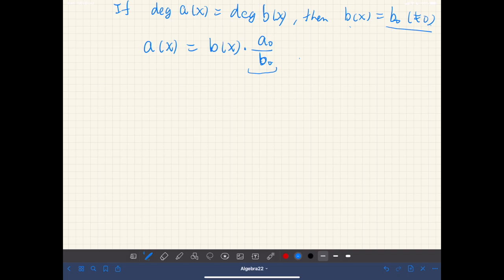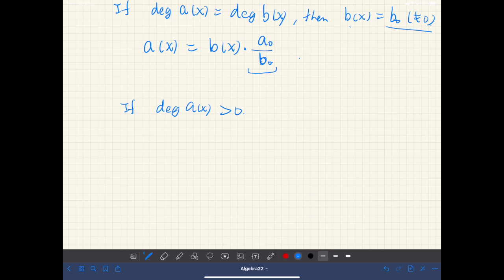Now, consider the case where the degree of a of x is greater than 0. And we use induction.